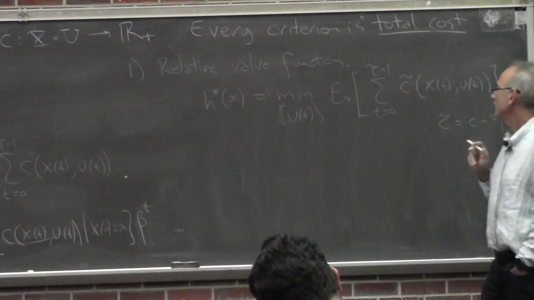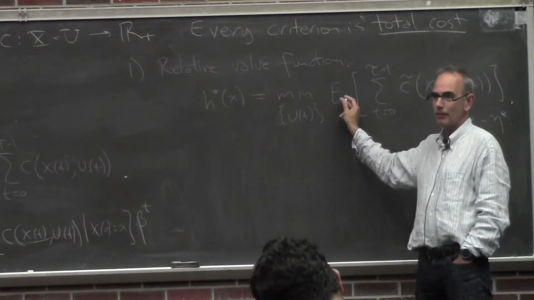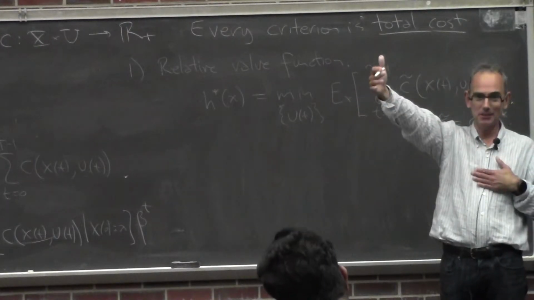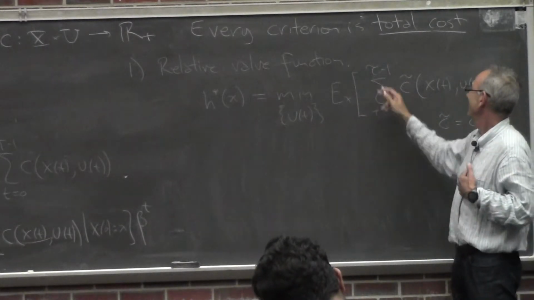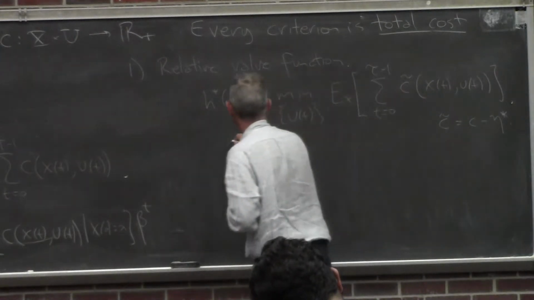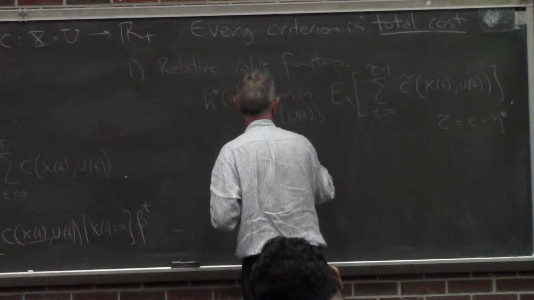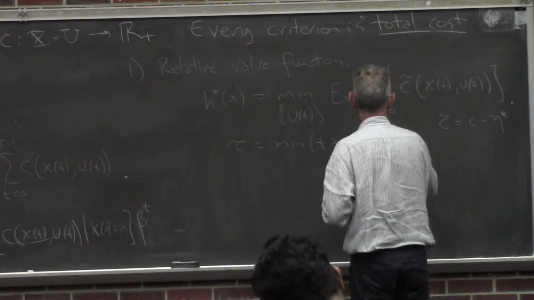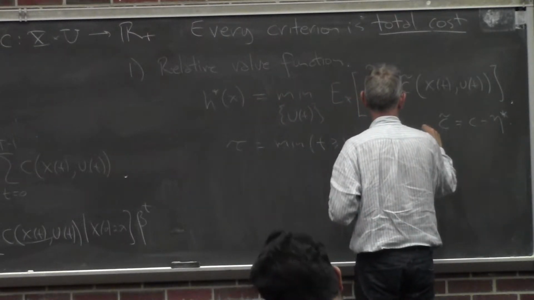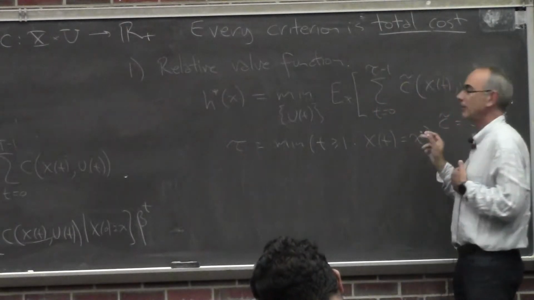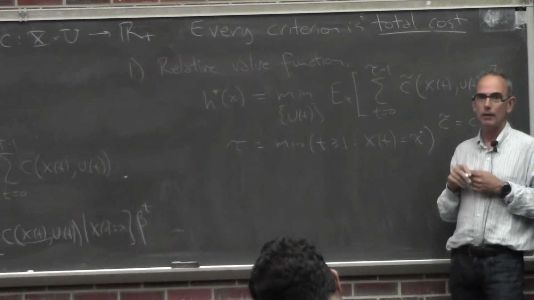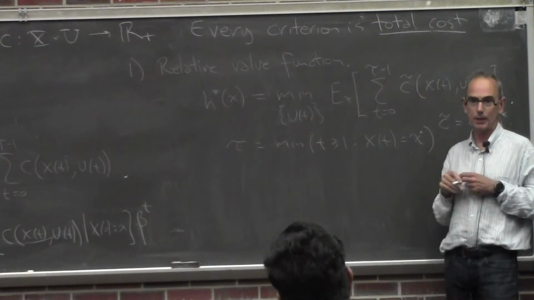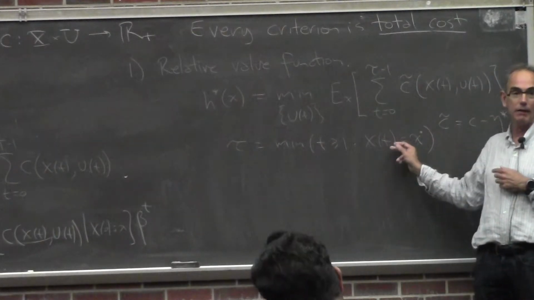The solution to this optimization, this total cost, so there's a total cost until extinction. You take some distinguished state and you look at the first entrance time to that set: the minimum of t greater than or equal to 1 such that x of t equals x dot.